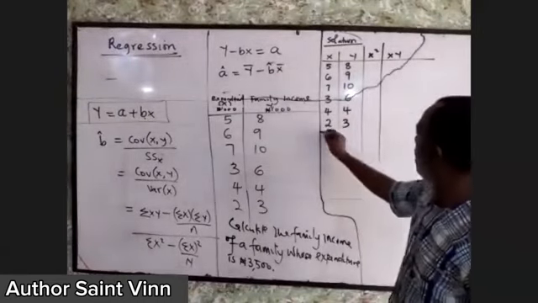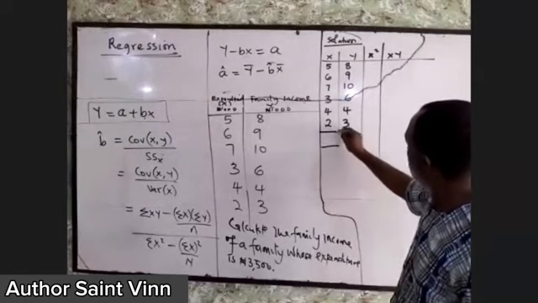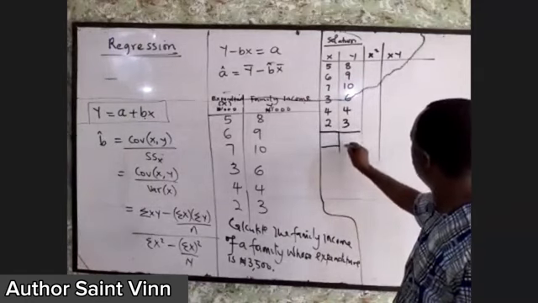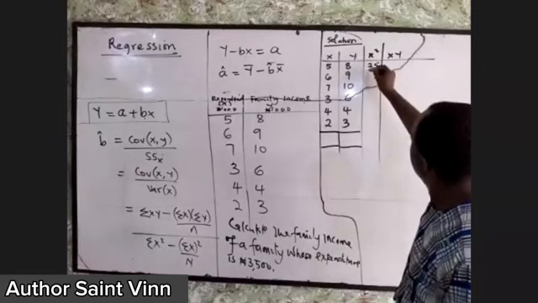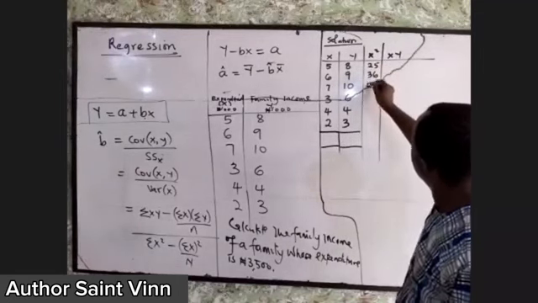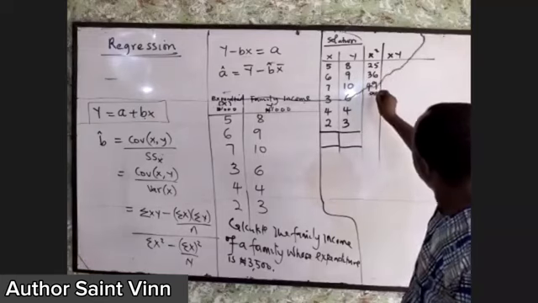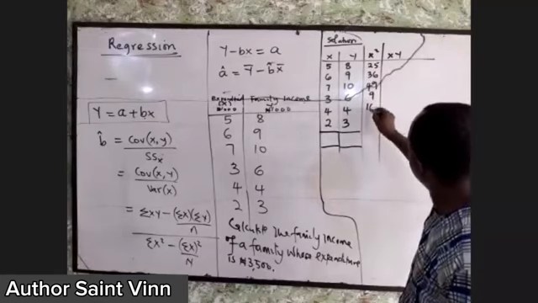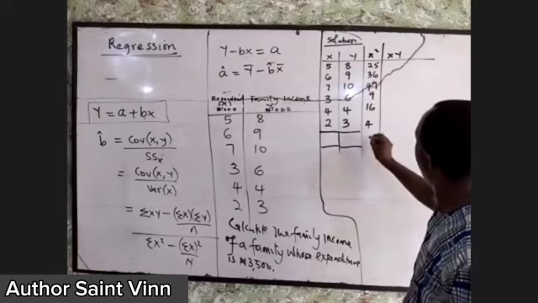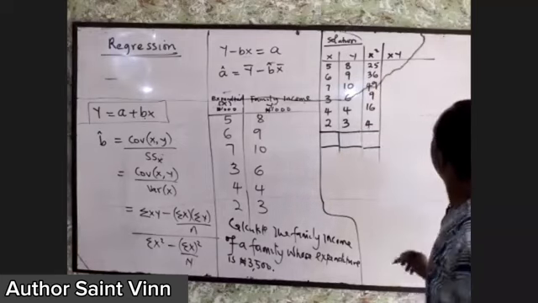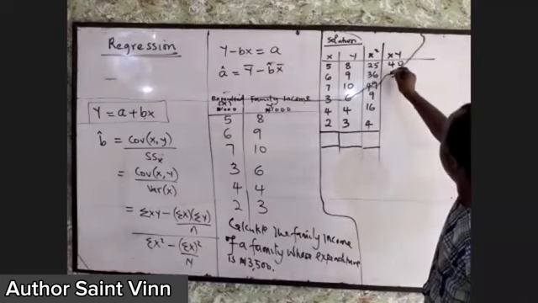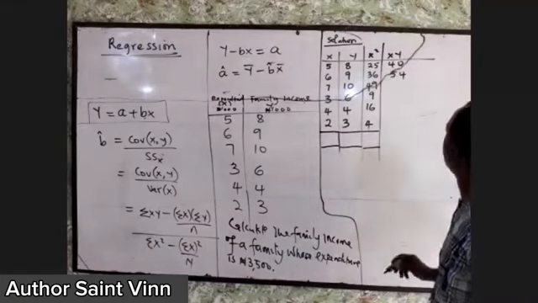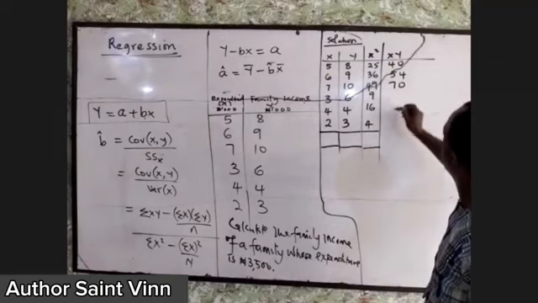Now that we have seen the formula, somebody help us. The one of y, the one of x. X squared: this is 25, this is 36, this is 49, this is 9, this is 16, and this is 4. Total. XY: this is 40, this is 54, 70, 18.